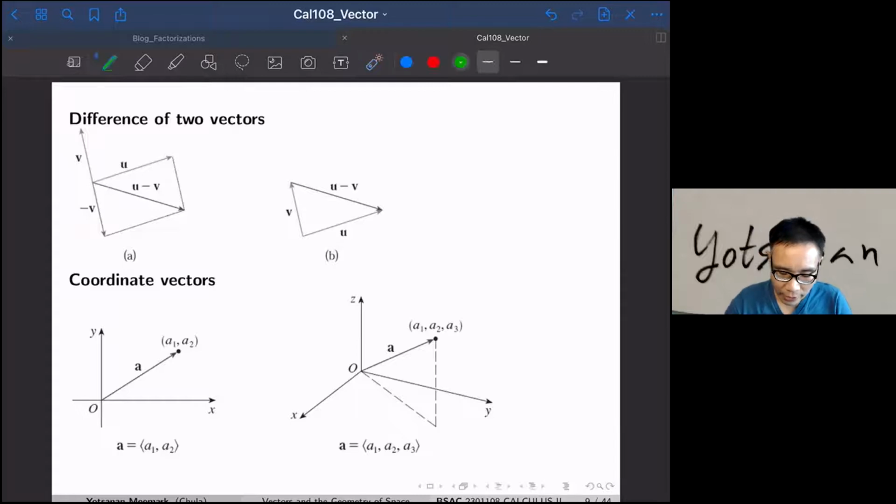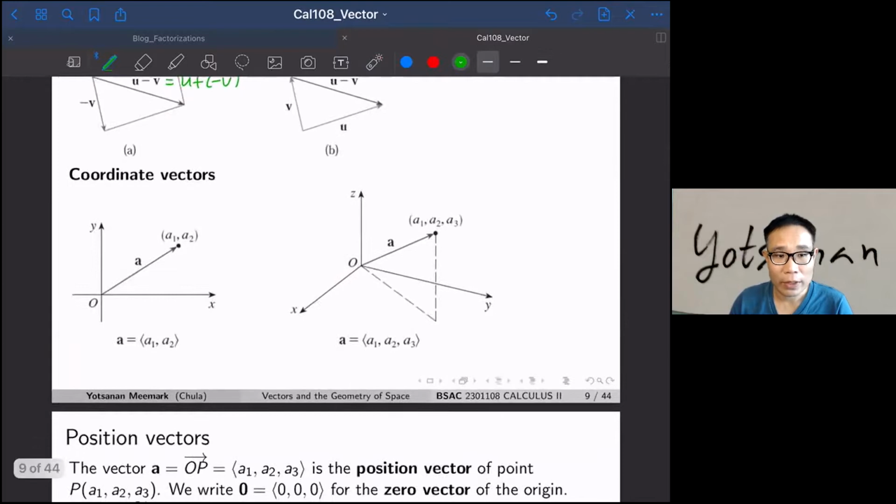Using the parallelogram law, this turns out to be u plus negative v, or u minus v. It's nothing much to explain: you add u and the opposite of the vector v. That's all.